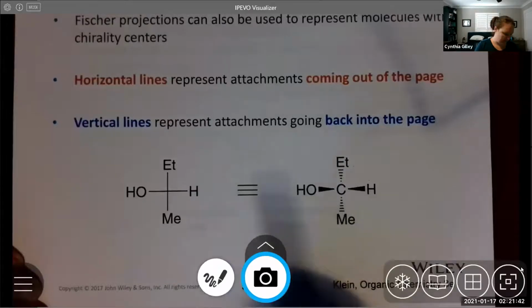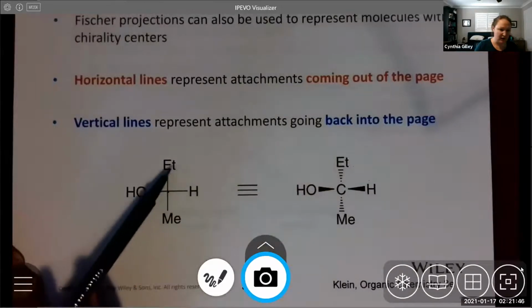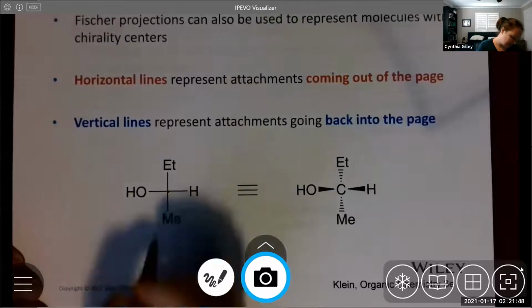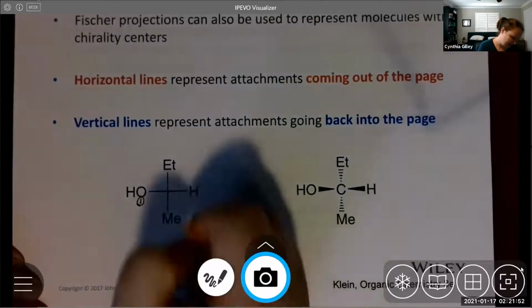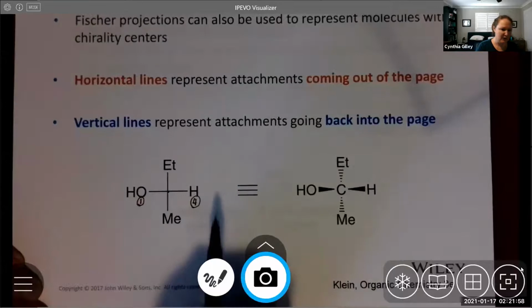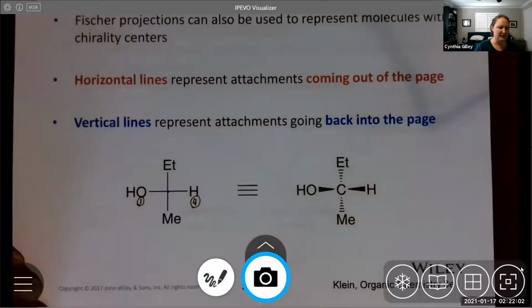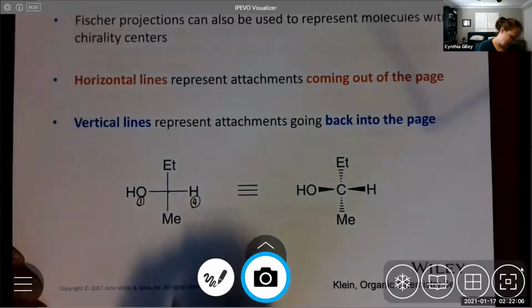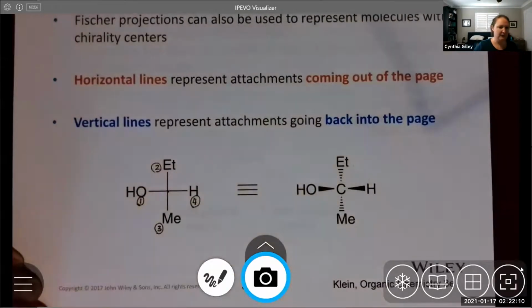Directly attached to this carbon is oxygen, hydrogen, carbon, and carbon. Oxygen with the highest atomic number will be priority 1. Hydrogen is priority 4. Carbon and carbon is a tie. The ethyl group, with an additional methyl attached to the carbon directly attached to the chiral center, will have a higher priority. So we'll write in a 2 and a 3 here.